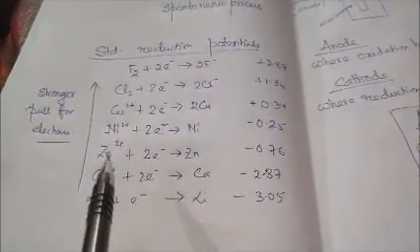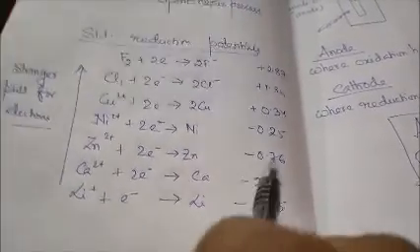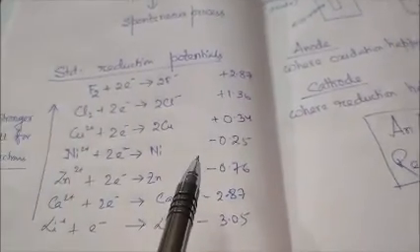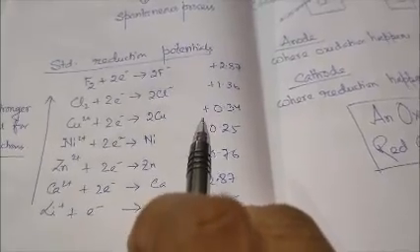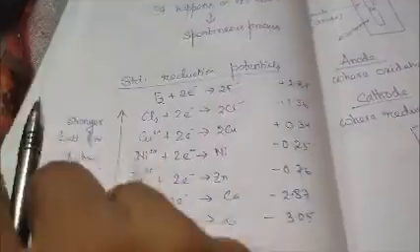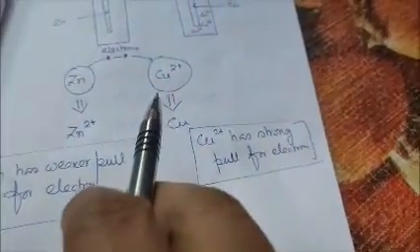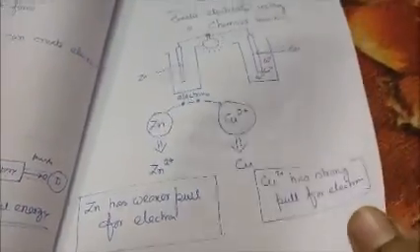And now you can see the zinc one, that zinc 2 plus 2 electrons gives you zinc, which is minus 0.76. Now if I ask you which one is higher, automatically the answer is plus 0.34. So whatever I have told you, that copper has the higher capacity to pull the electrons, is being proved by the list of the standard reduction potential.